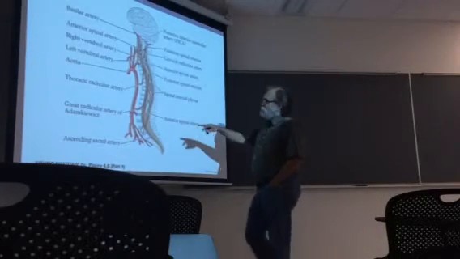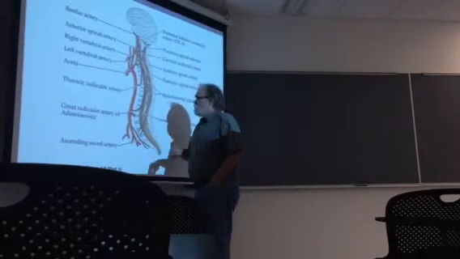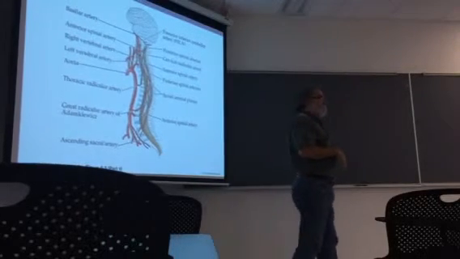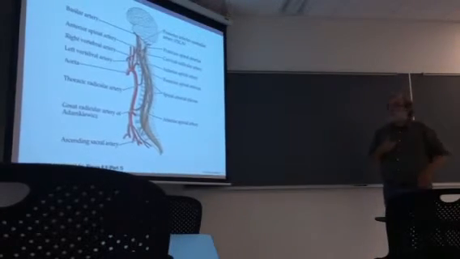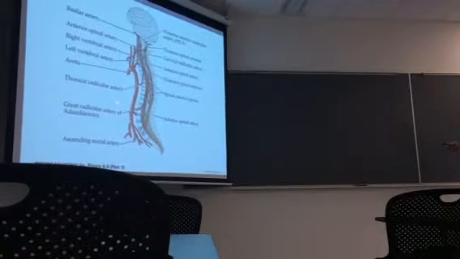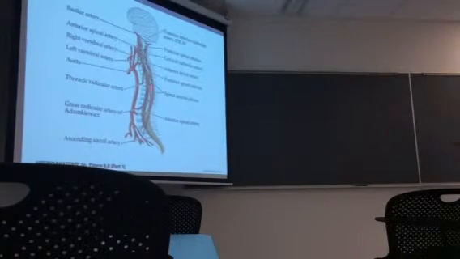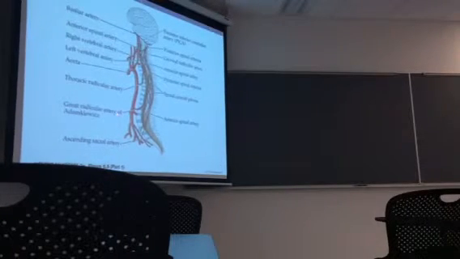So we have this rather complex group of anastomosing arteries, the spinal arterial plexus through here. The greater radicular, thoracic radicular. I don't care about Adamkiewicz, right? You don't have to know good old Adam. You should know it's the great radicular artery, thoracic radicular artery, the cervical radicular artery.